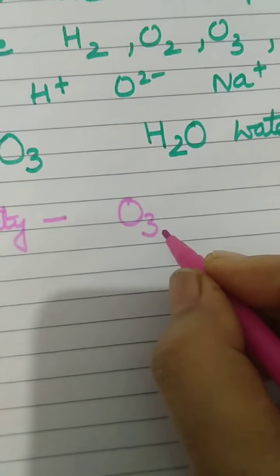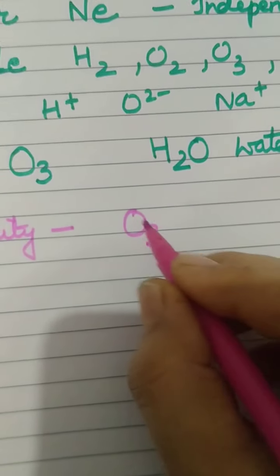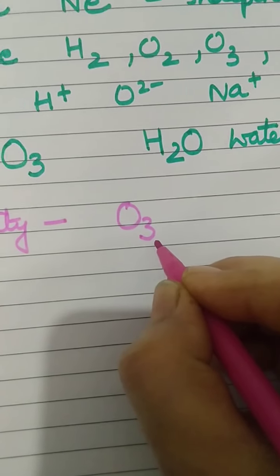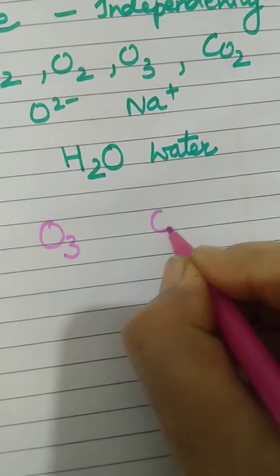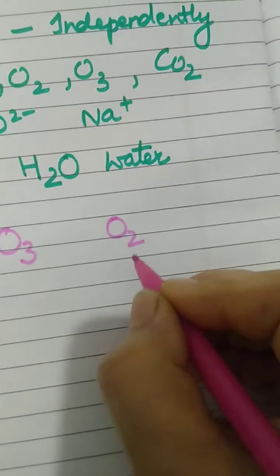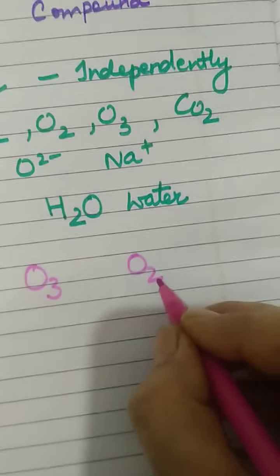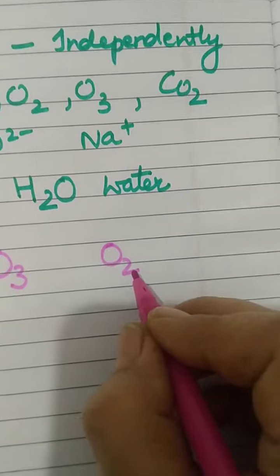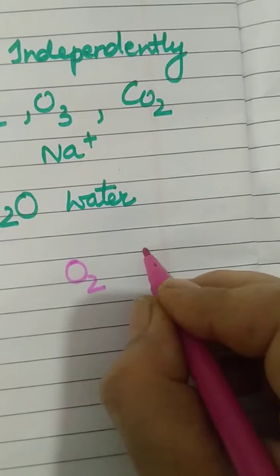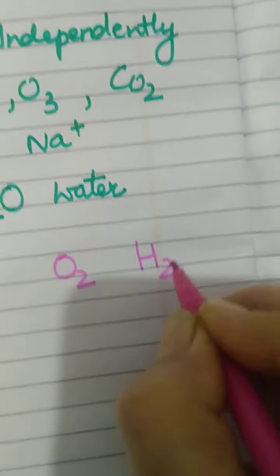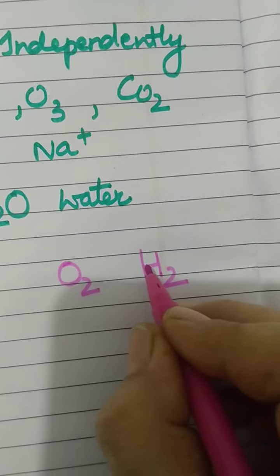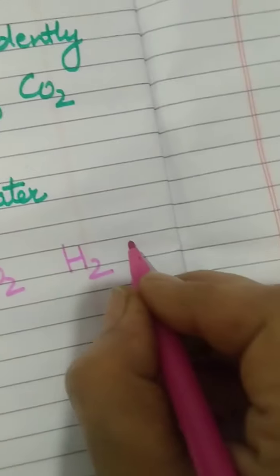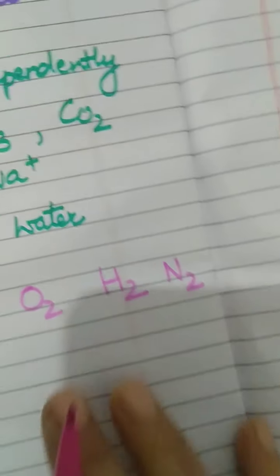So the question is, what is the atomicity of ozone? You will write 3. What is the atomicity of oxygen? So count the number of atoms. You cannot change it. Always it will be 2. What is the atomicity of hydrogen? It is 2. Of nitrogen it is 2.